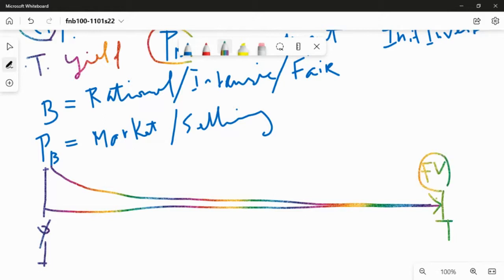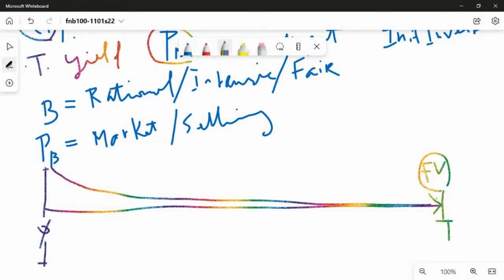The price will eventually, on the day of the maturity, be exactly $1,000, right? So you will see this declining pattern over time in the price of the premium bond.